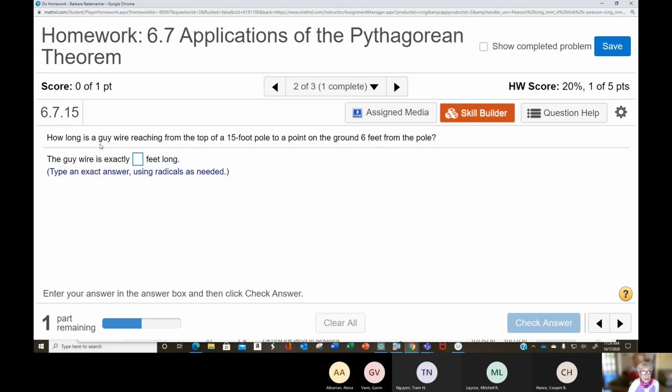Okay, how long is a guy wire reaching from the top of a 15-foot pole to a point on the ground 6 feet from the pole? Now here's what that says. It says type an exact answer, they're going to do the same thing. This means there's going to be one more question. So, get ready.